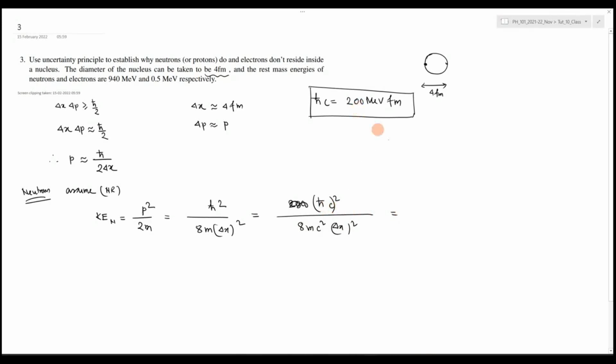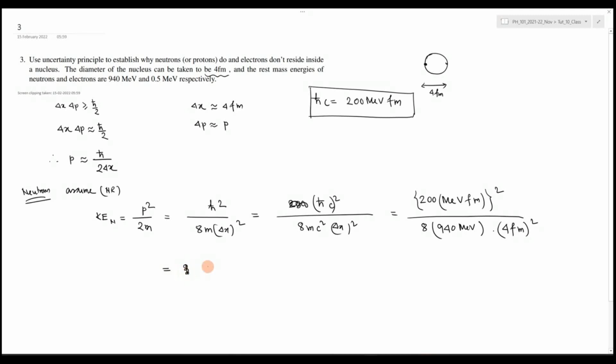Now you know h cross c is equal to 200 MeV Fm, whole square, divided by 8 m naught c square, which you know is 940 MeV for neutrons, and delta x is given to us to be approximately 4 Fm. Okay, so if you simplify this, your value will come out to be around 0.3.